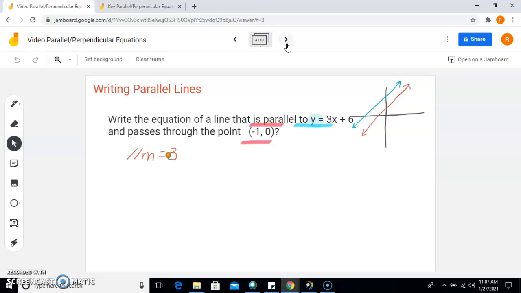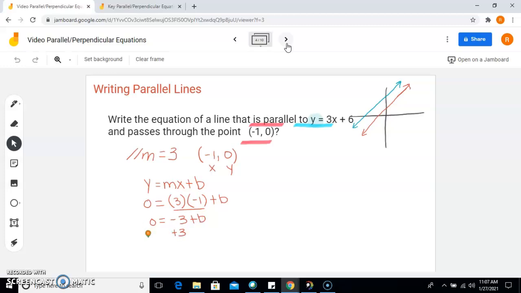And now I know it's passing through the point negative 1, 0, and that is my x and my y. To write the equation of a line, I'm going to plug into y equals mx plus b. My y value is 0, my m is 3, my x is negative 1, and then I have plus b. First thing we do to solve is multiply. So I have 0 equals negative 3 plus b.